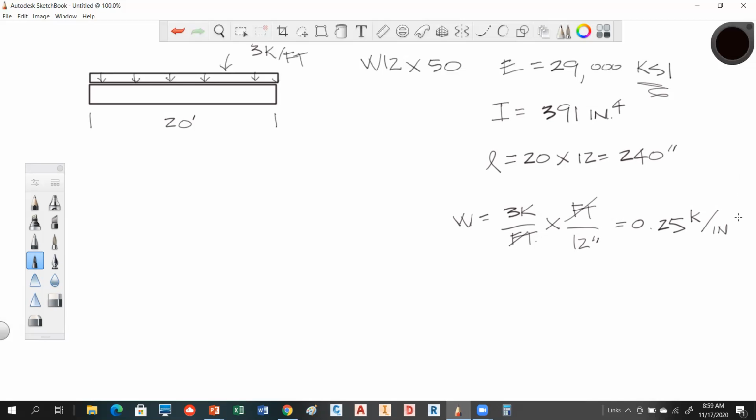Yep. Okay, so look at that table 12. There's 1, 2, 3, 4, 5 different situations there. Which situation do we have? We've got a uniform load across that beam. So we're looking at the very top equation, right?